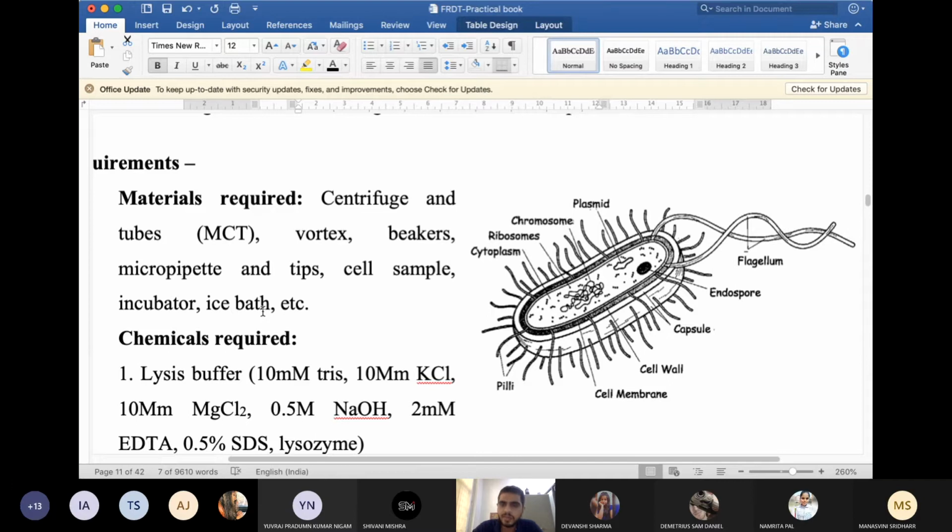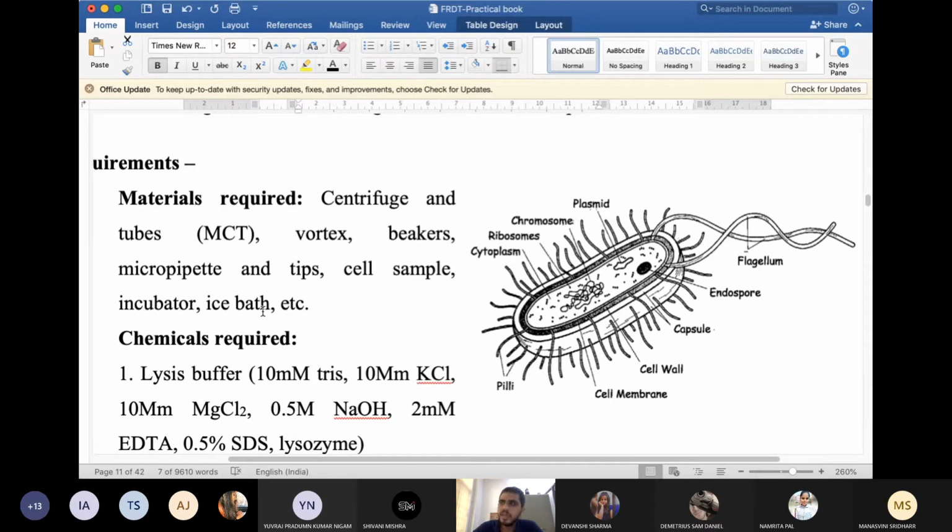Cell membrane is made up of lipids, and proteins are also going to be there. Then the cell membrane is further surrounded by a cell wall. Cell wall is made up of what? Mostly cellulose? No. The cell wall is made up of different things depending on what type of cell it is. If we are referring to a bacterial cell, it is going to be made up of peptidoglycan.